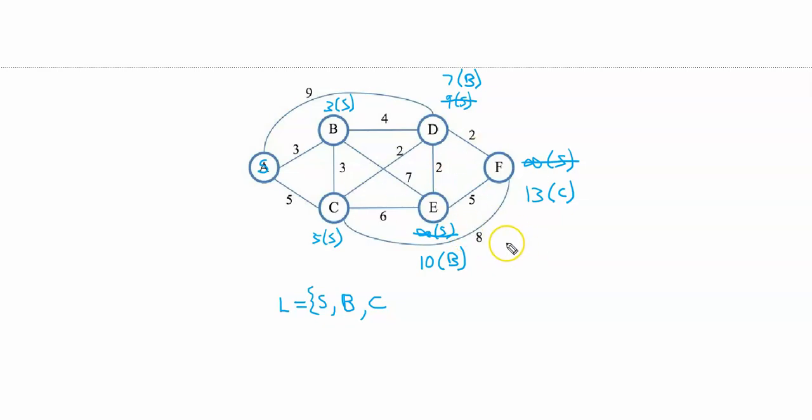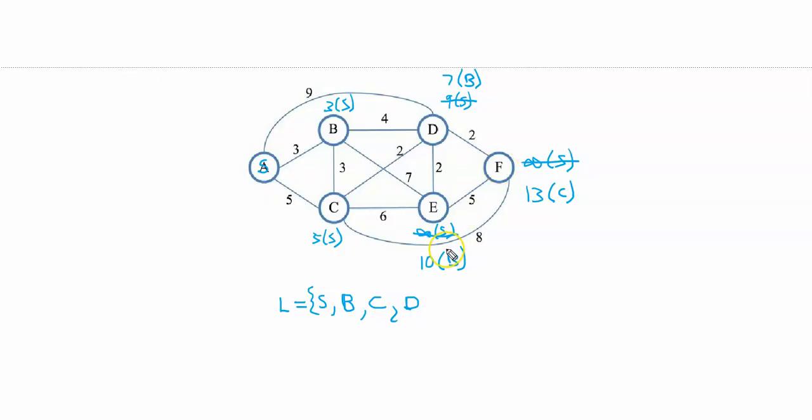We've updated all the vertices that were adjacent to C. Now we want to add a vertex in here with the smallest label. Let's see, so we've got to choose between D, E, and F. And the smallest one is D, so we're going to put a D in there.